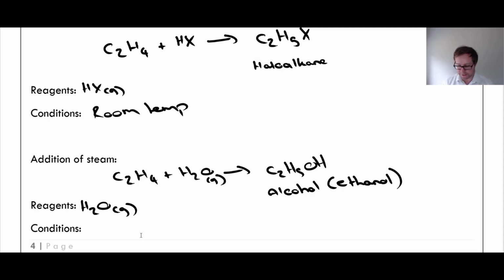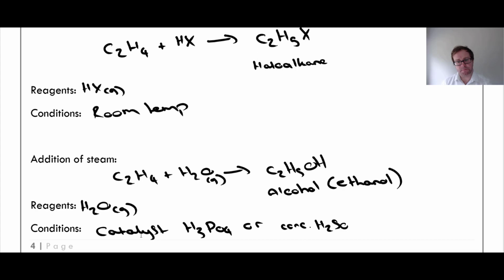And my conditions, so I need a catalyst. A catalyst is either phosphoric acid or usually concentrated H2SO4. Actually, they're both usually concentrated. But my concentrated H2SO4 would need to be at a temperature of about 300 degrees Celsius.